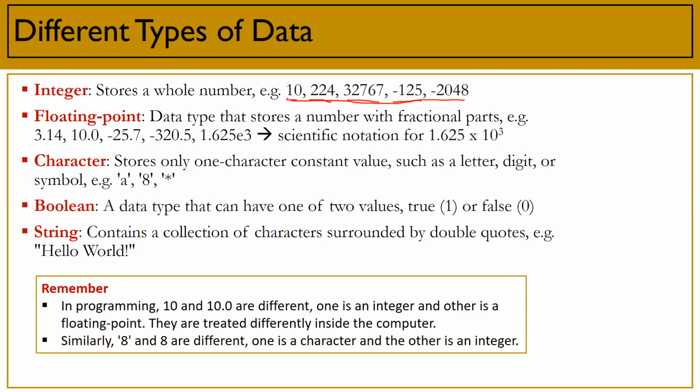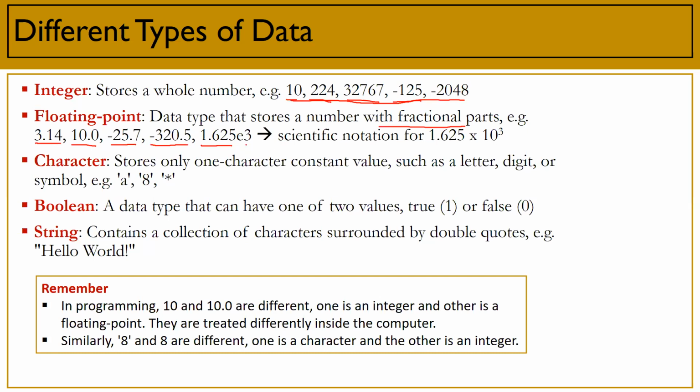Similarly, you have a floating point data type. The floating point data type stores a number with fractional parts. For example, here you see 3.14, which is an approximate value for pi, then 10.0, then negative 25.7, negative 320.5, and then 1.625 multiplied by 10 raised to the power 3.